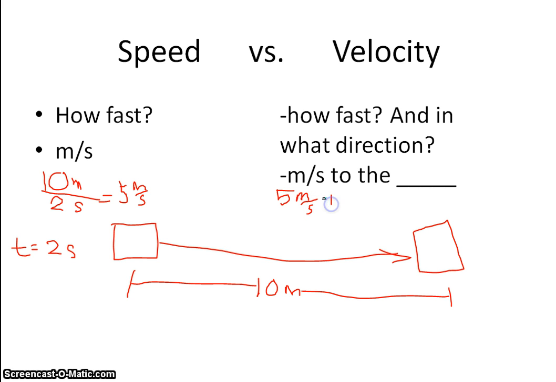Then we need the direction to make it a vector, so we say to the right. And that is our velocity, which is a vector because it has a magnitude and a direction. So that is the difference between scalars and vectors and how that applies to speed and velocity.